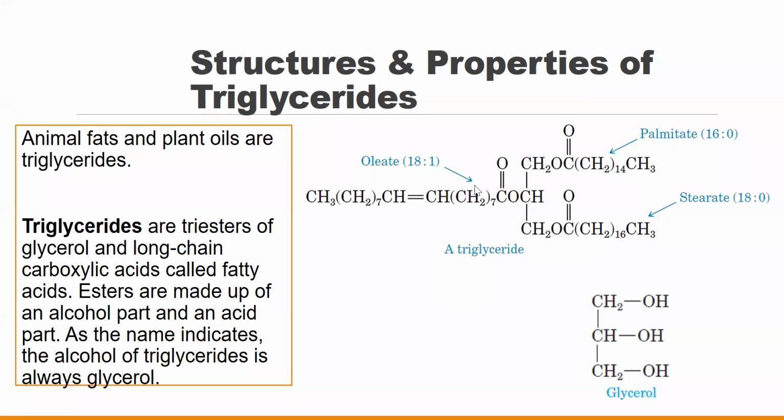This one is oleate, and you can get your oleic acid here. And you have your stearic. You dissociate this one, you actually get your stearic acid, 18:0 here. So as the name indicates, the alcohol of triglycerol here, you have your alcohol. If you dissociate, you actually recover your glycerol.